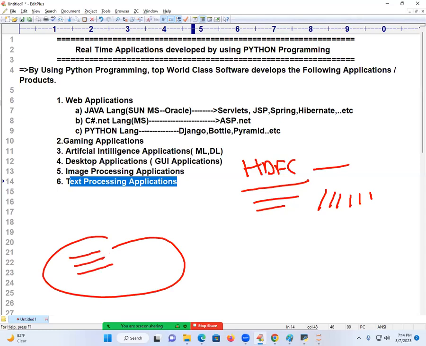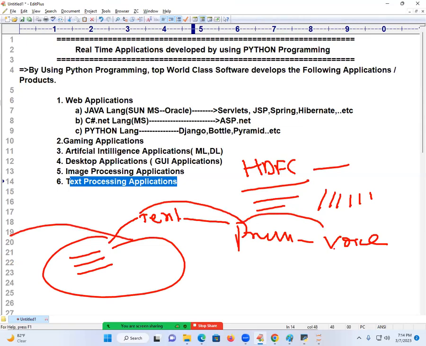Three times, please take the cash, take the cash. That is actually a sentence. That sentence is called text, processed into voice. A text processed into voice. Voice can be processed into text. That is called text processing mechanisms.